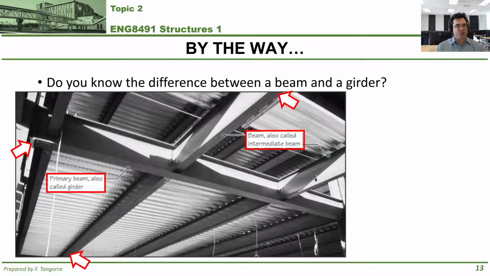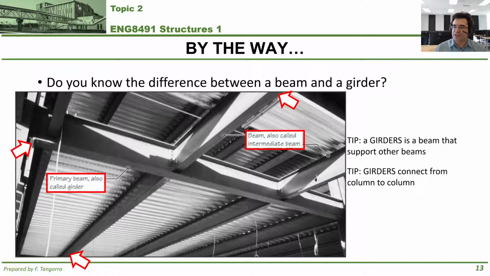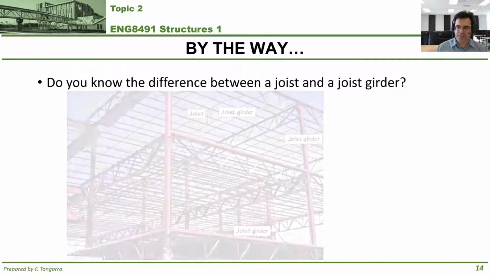So a simple way to know what a girder is: a girder is a beam that supports other beams. And a girder typically is connected from one column in the structure to another column in the structure.